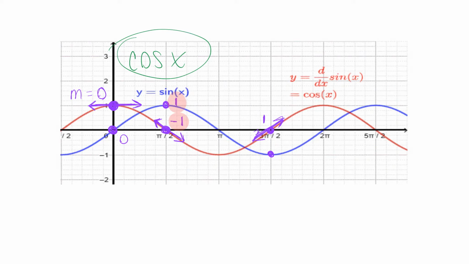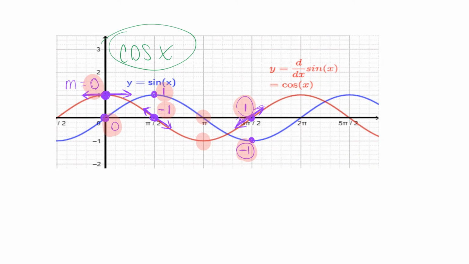What is the value here? It's -1. Okay, so what did we just see? What's a little bit different here? There's still a little correlation. Here's 0 and 0. Here's 0 and 0. And then we have -1 and 1, and 1 and -1. So, does anybody want to take a guess as to what you think the derivative of cosine is?